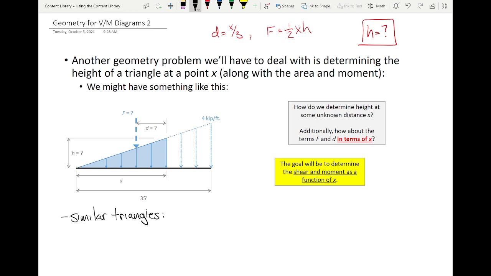In other words, 4 is to 35 as h is to x. Now, how did I get that? 4 is to 35 as whatever this h is to x. Does that make sense? I'll do that again. 4 is to 35 as h is to x. So therefore, h is just 4x over 35.